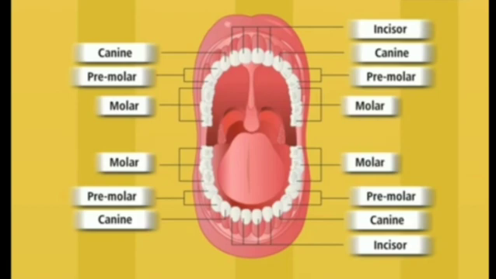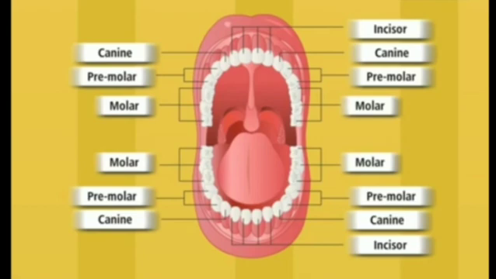And then the last kind of teeth, the molars, are used to grind the food into a fine paste. So in total there are 4 kinds of teeth: incisors, canines, premolars and molars.